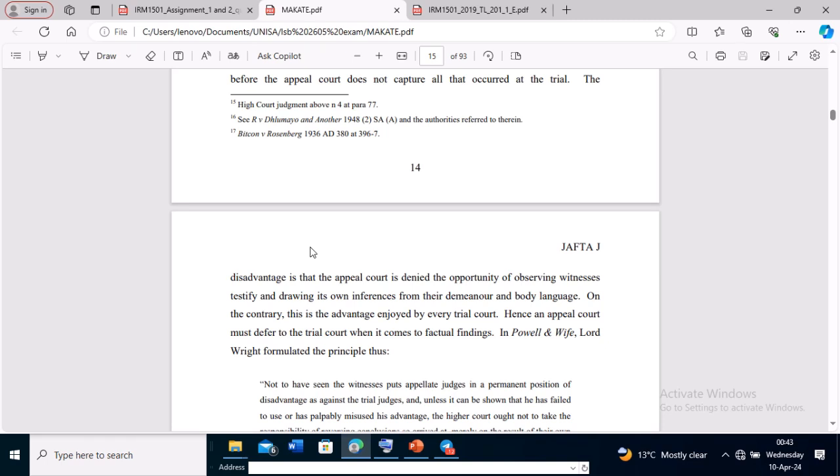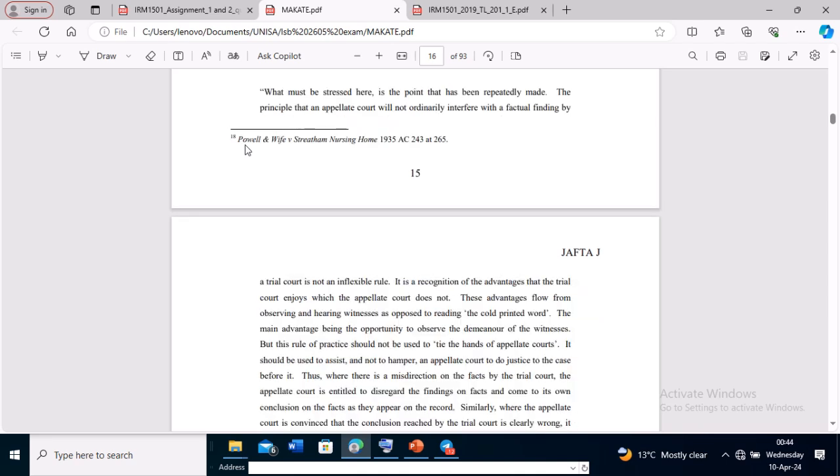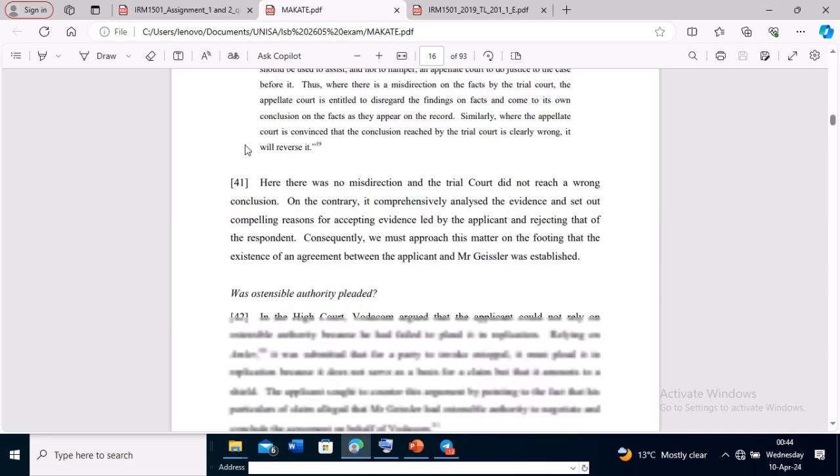I don't know about the books. You see, here's another case, R versus Dumayo and others, and footnotes 16 and 17 say Bitcoin versus Roseback, Powell and White.